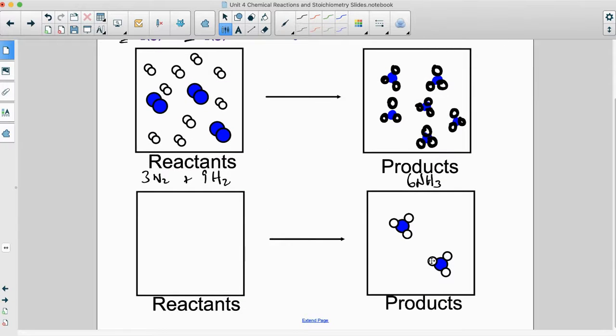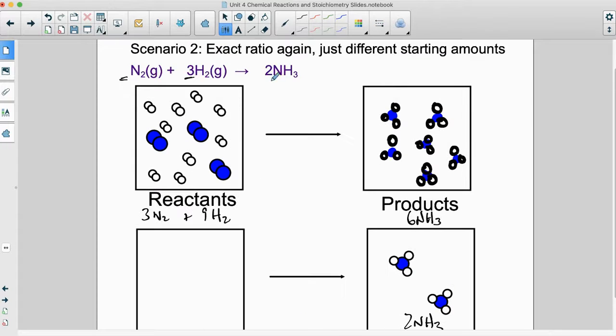We should also be able to go from the products and predict what the reactants were based on the products that we're seeing. So if we see 2 ammonia molecules here, that means, based on the balanced reaction, this must have come from 1 N2 and 3 H2s.